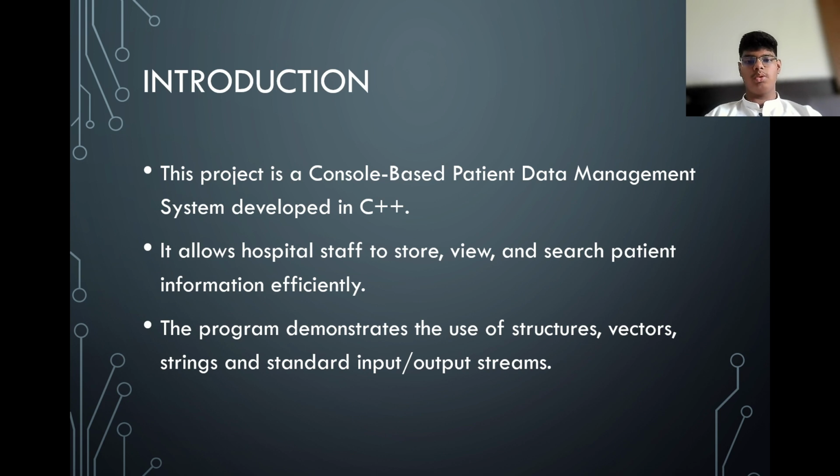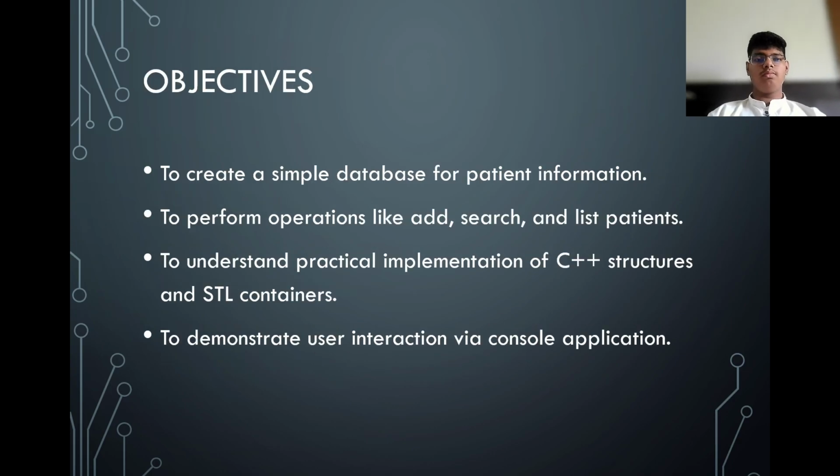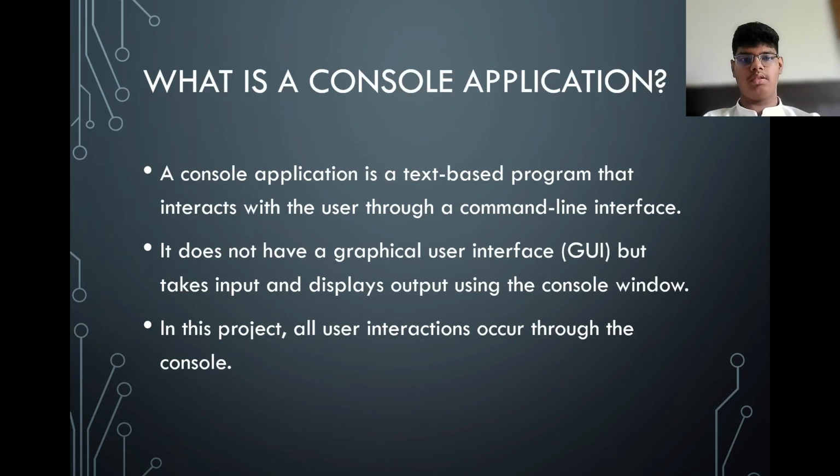Most important ones include structures, vectors, strings, and IO streams. Our objectives are very simple. We need to create a simple database storing patient information. We need to have some basic functions like adding, searching, and listing patients to demonstrate, and we need to demonstrate a proper user interaction via this application.